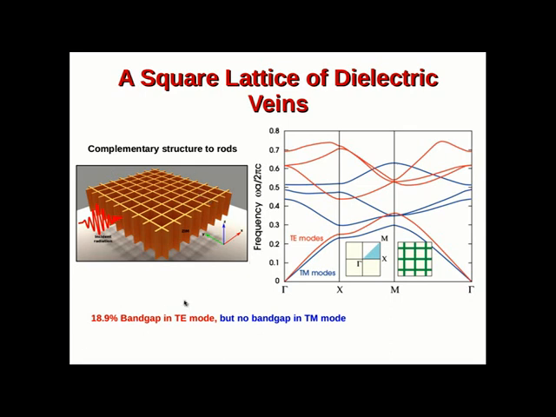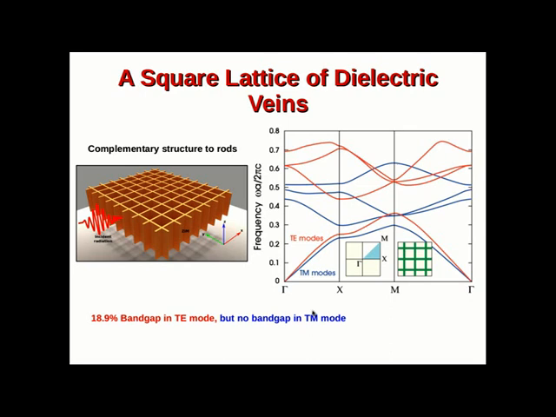In case of dielectric rods, we saw that the dielectric rods had band gap for TM mode but no band gap for TE mode. For this case, however, the situation is reverse. TE mode has 18.9% band gap, but TM mode has no band gap at all. This is the reason why we are calling it a complementary type of structure.